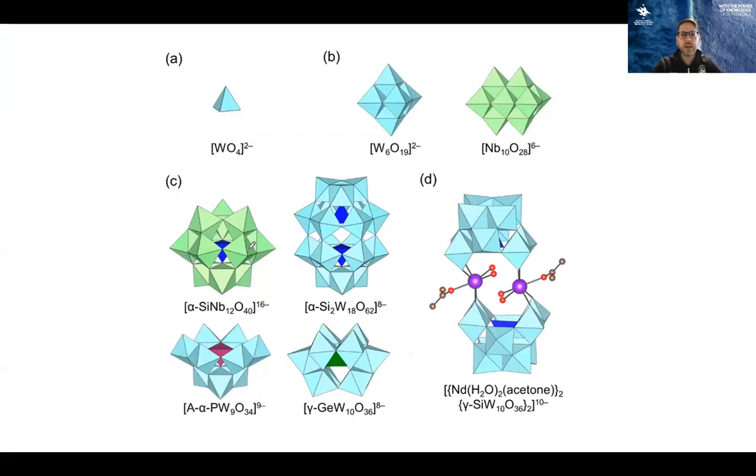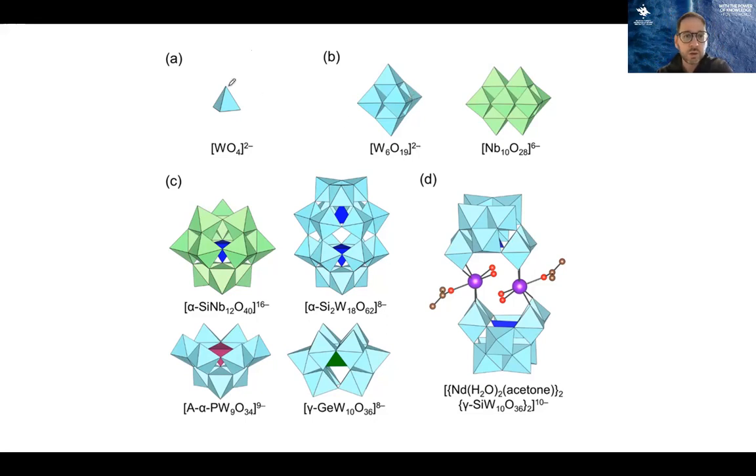And here there are several of these species that have been reported, and this is a way of representing this kind of compounds using this shared polyhedra representation, in which the structure of these polyoxometalates can be drawn by considering different polyhedra sharing corners or edges or faces.